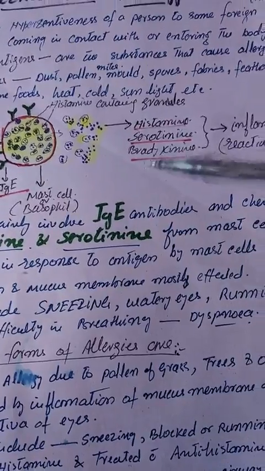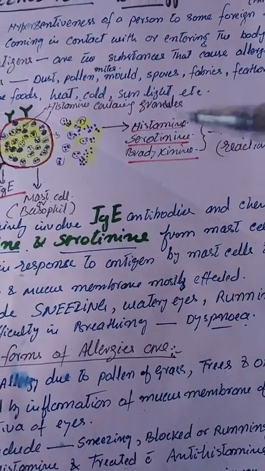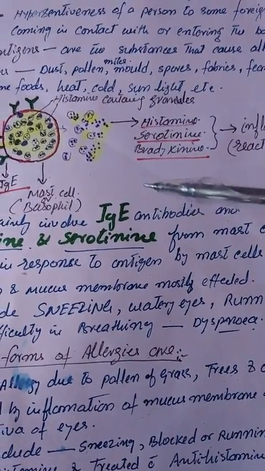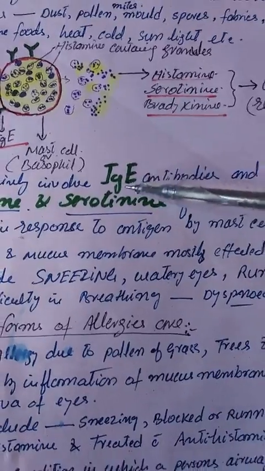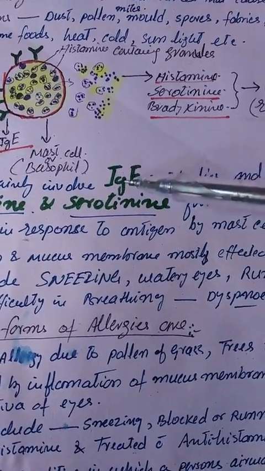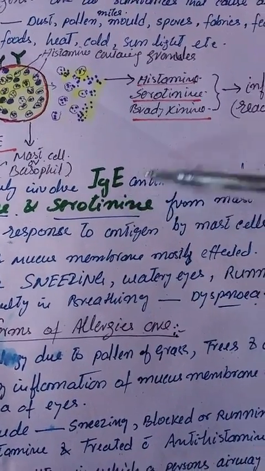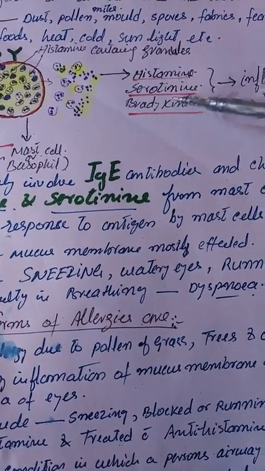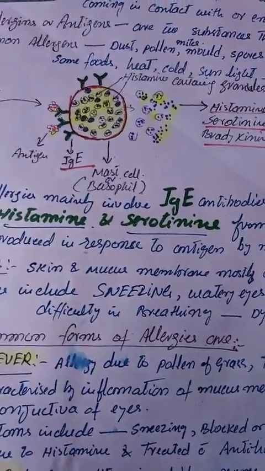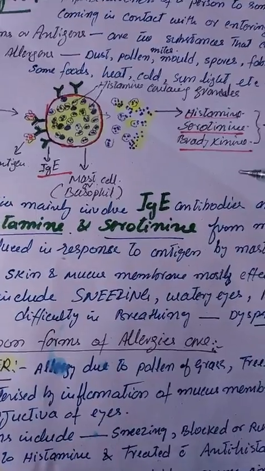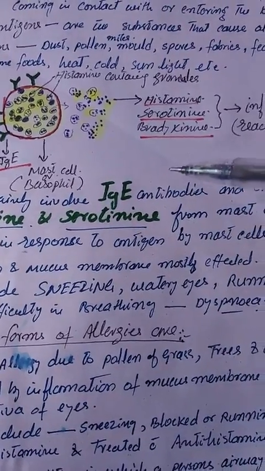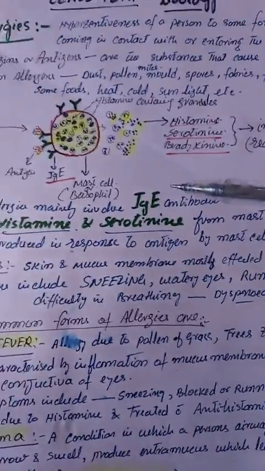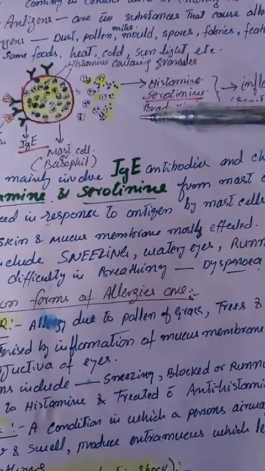Thus the allergens mainly involve, number one, immunoglobulin E, which we abbreviate as IgE, and other chemical substances such as histamine, serotonin, and bradykinin, which are released by mast cells or basophils. Now, the symptoms of these allergies.